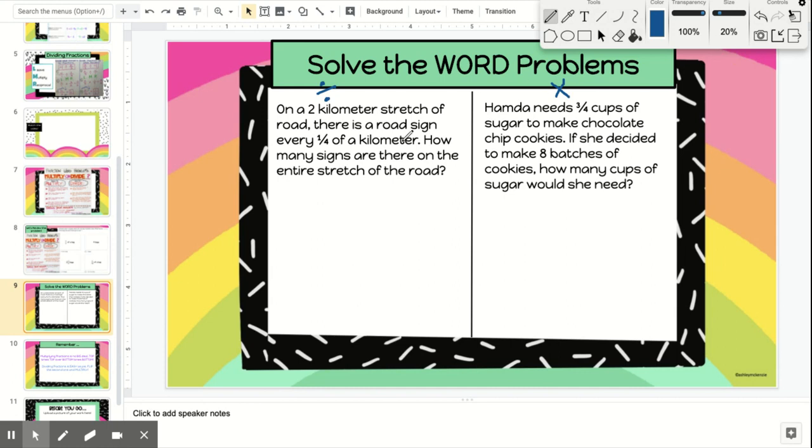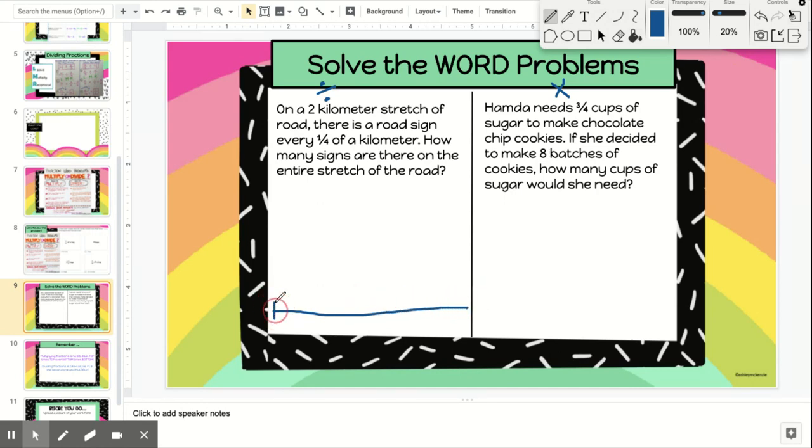I'm going to start with the division problem over here. On a 2-kilometer stretch of road, there is a road sign every 1/4 of a kilometer. How many signs are there on the entire stretch of the road? Let me draw a quick little picture to help you visualize. I'm going to draw a number line.